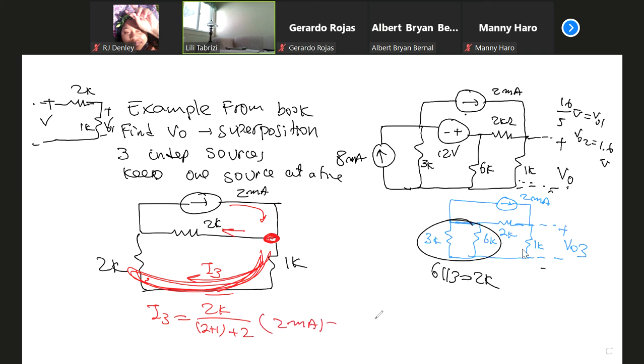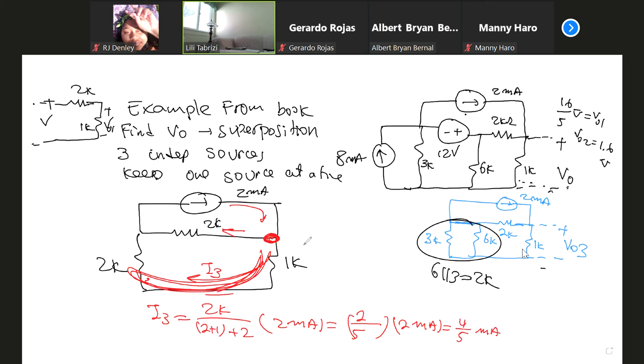So it's equal to 2 divided by 5 multiplied by 2 milliamp, which is equal to 4 over 5 milliamp. Okay, go back to the original picture.